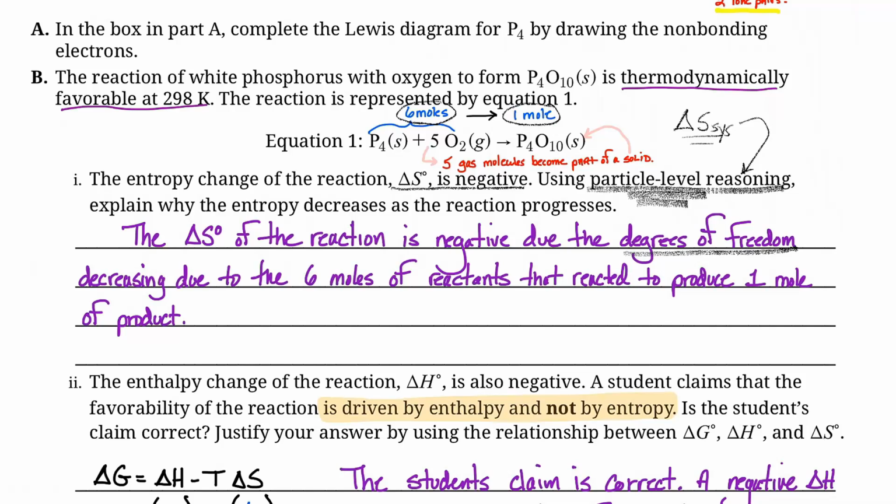Particle level reasoning: the number of free moving individual particles is decreasing as we go from 6 moles of reactants to 1 mole of product, and therefore the entropy of the system is going to decrease, because we are not spreading out, we're making a concentrated source. So the way I express this is that the delta S of the reaction is negative due to the degrees of freedom, due to the 6 moles of reactants that reacted to produce 1 mole.